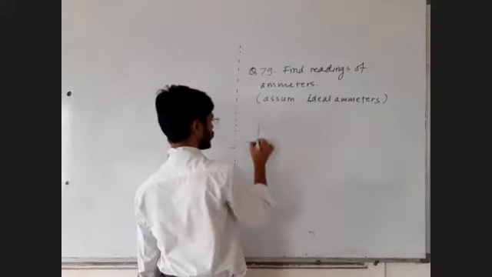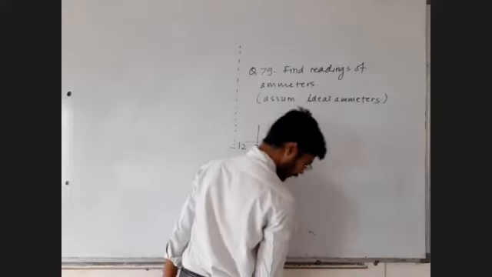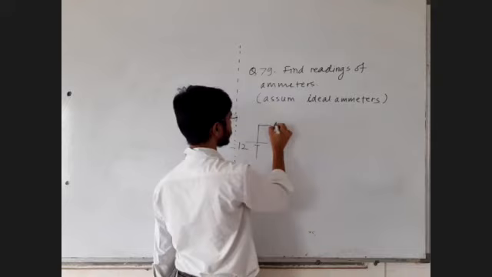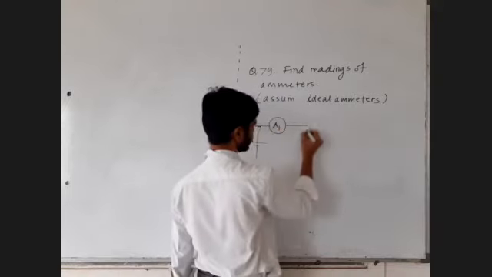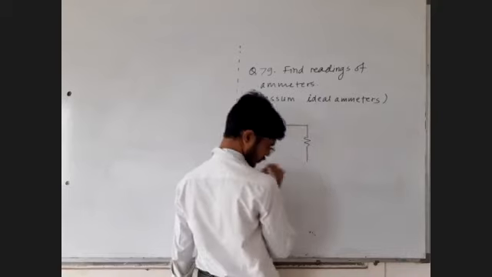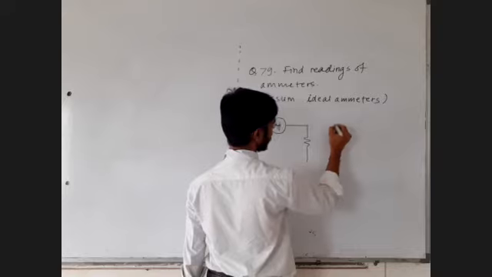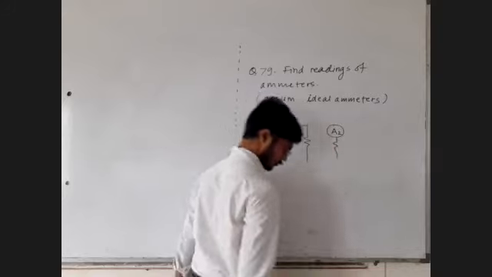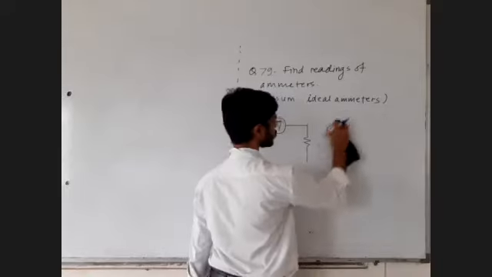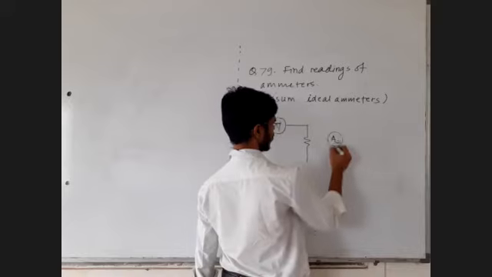That's our 12-volt battery. Now one ammeter A1 is connected here, so it will measure the current in the battery. This is the first resistance, this is the second, and here they have connected the second ammeter A2. Again the resistance.